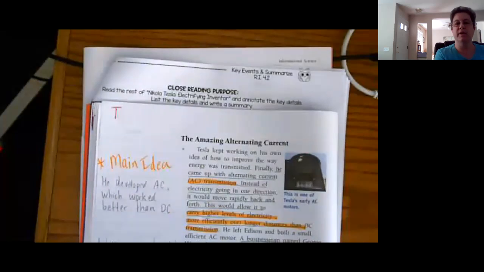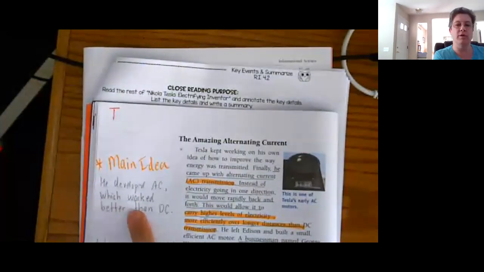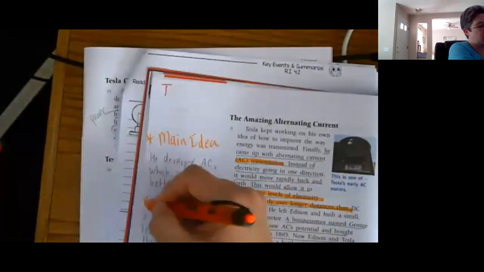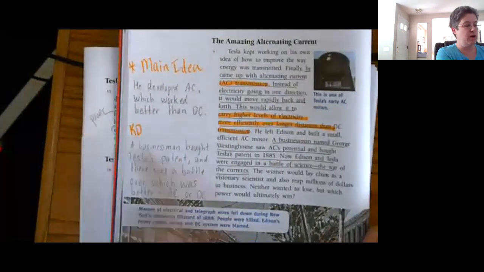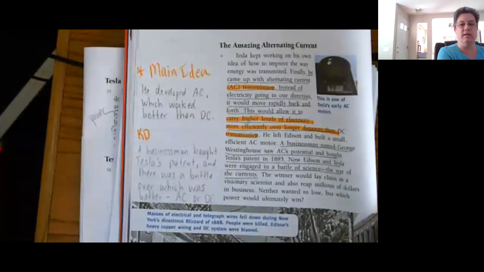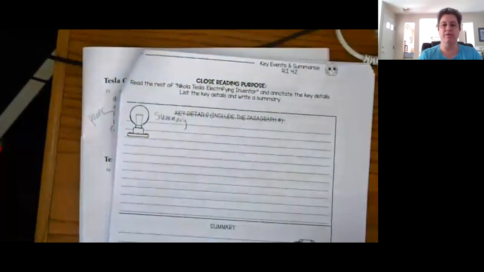This is your main idea that you can use to begin your paragraph that summarizes, and then look at the rest of your key details and summarize them in your own words. Everything has already been marked with KD for key details. And if you didn't write those down, you can always back the video up.